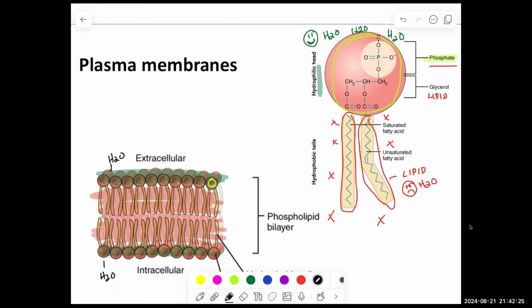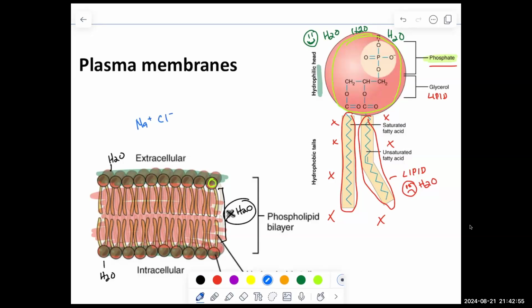So water cannot enter that area. Water's not allowed in this region. The whole center region is hydrophobic. What is most of your body made of, folks? Water.